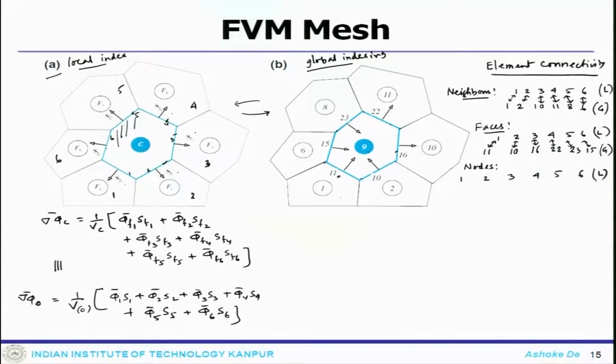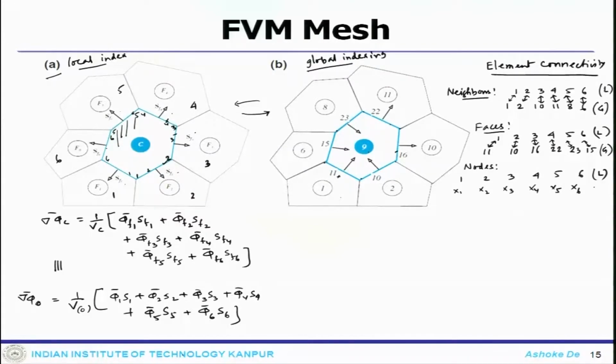So, accordingly you can have global nodes, and the global node number can be defined. If you say these are my local node numbers, you start from here 1, 2, 3, 4, 5, 6, these are local node numbers, and there could be some global node numbers x1, x2, x3, x4, x5, x6.